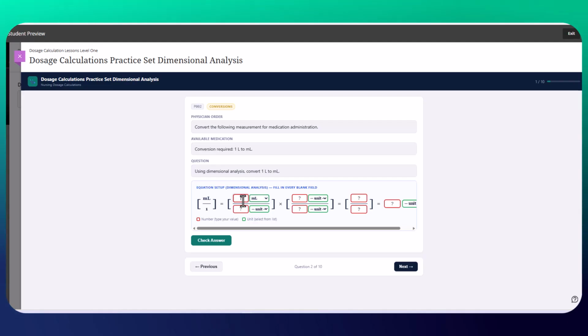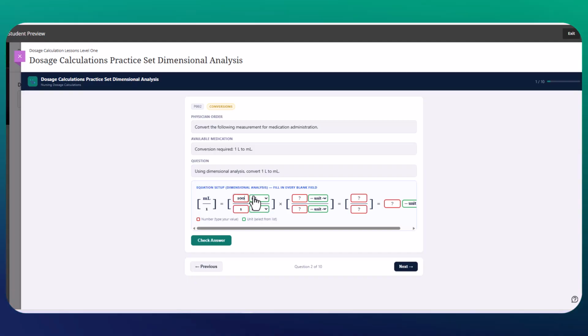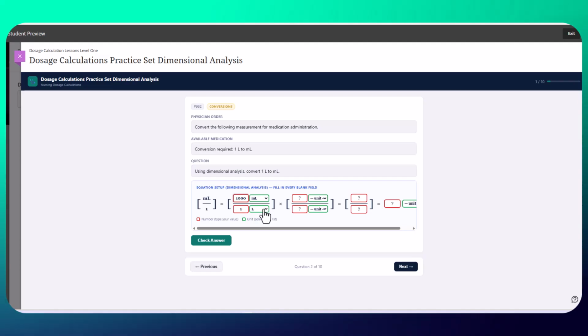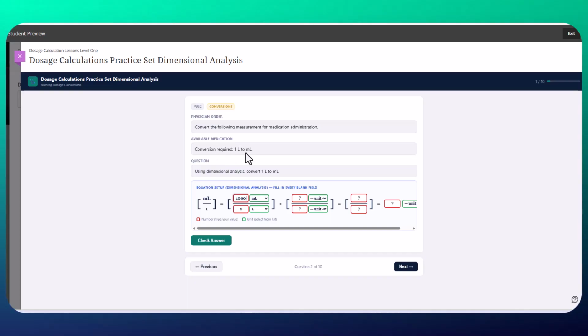All right. So let's see. Liters. Okay. So it's going to be 1 liter is equal to 1,000 milliliters. All right. I put that in there. And then what we're looking for is 1 liter. Oh, that's not bad.